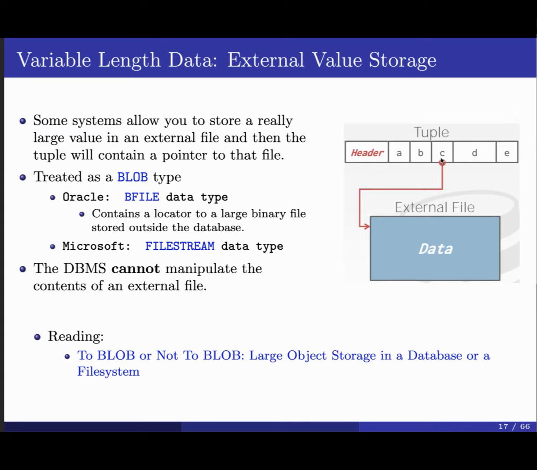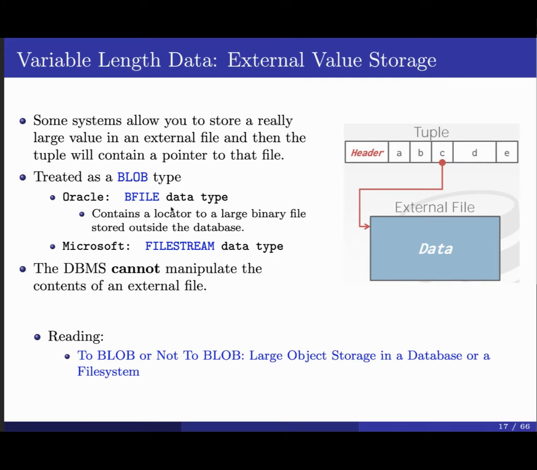What I'm going to do is specify a path to the data, store the file there, and the key just has the path of where I can find the file, or the rest of the data in the external file. So it's treated like a blob page.